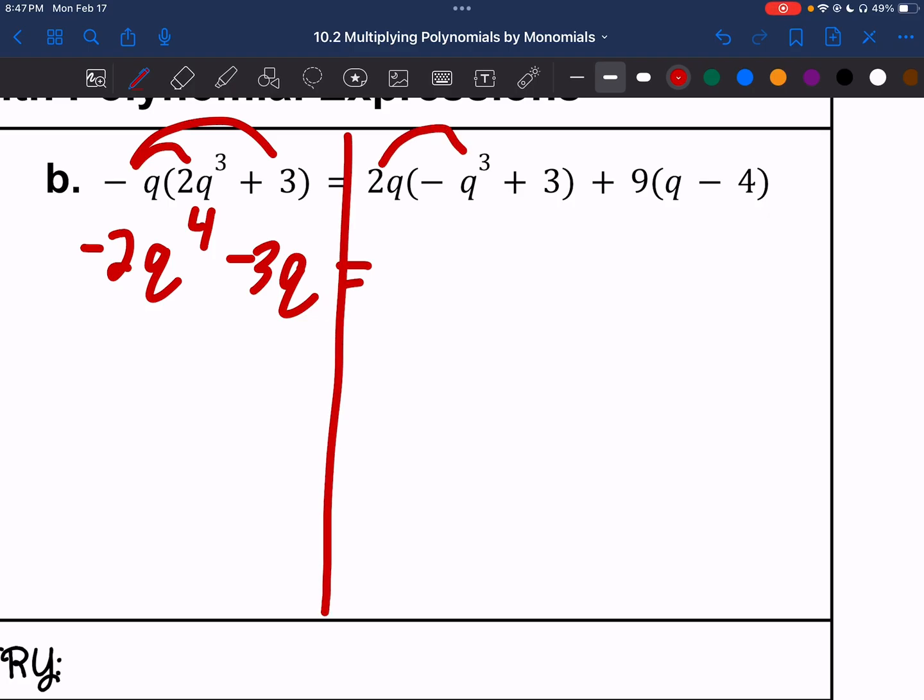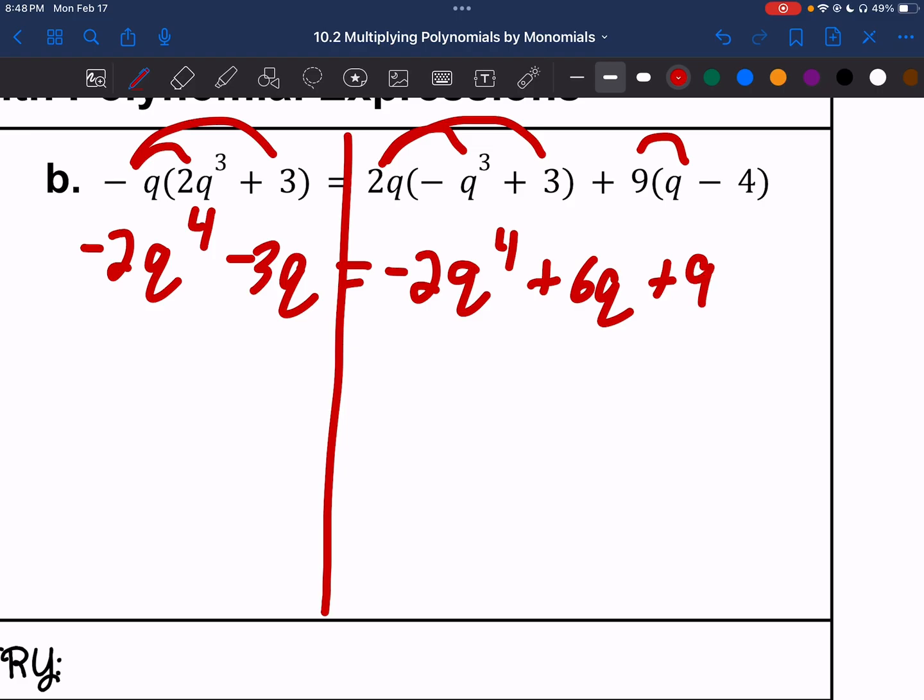So 2q times negative 2q cubed, say that 10 times fast. So that's negative 2q to the fourth. And then we've got 2q times 3, which is plus 6q. And then we've got 9 times q, which is 9q. And 9 times negative 4, which is negative 36.